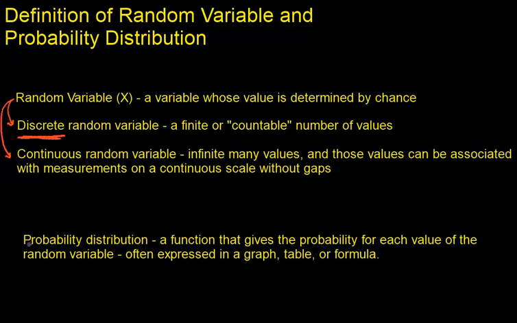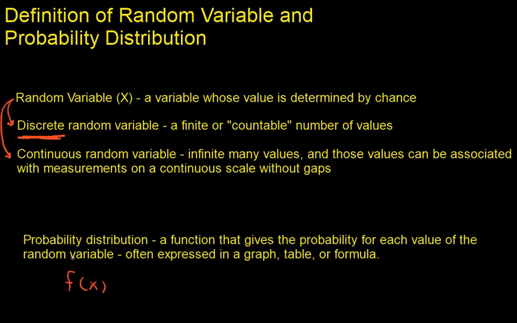Okay, so what's a probability distribution? Well, a probability distribution is a function that gives the probability for each value of the random variable. You remember in math class, you used to have f of x, right? And this was the function value for the variable x.